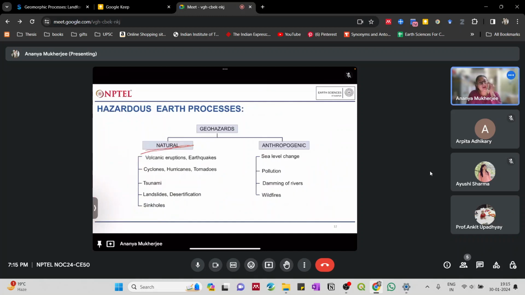So wildfires sometimes are natural in areas where the temperature reaches very high temperatures and the moisture content also becomes very low. Sometimes you have lightning striking.